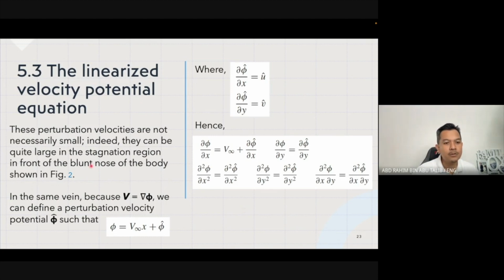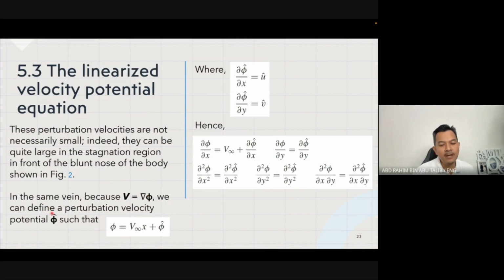In the same vein, the velocity is equal to the gradient of the velocity potential, as we have already defined earlier.